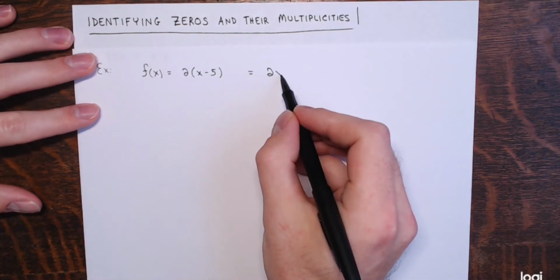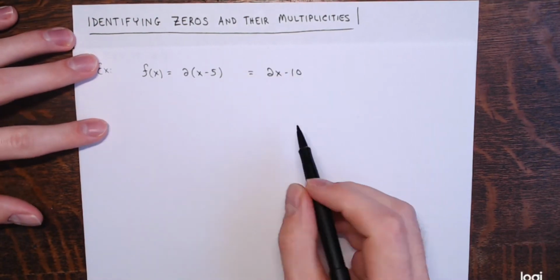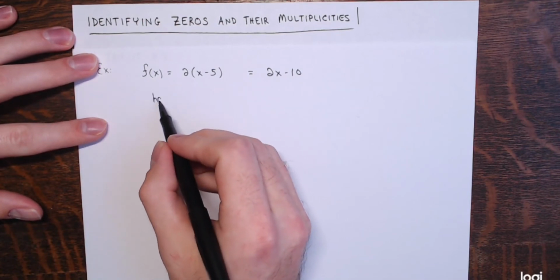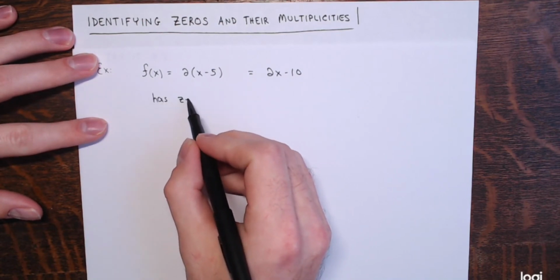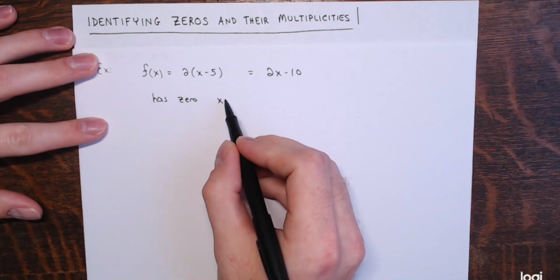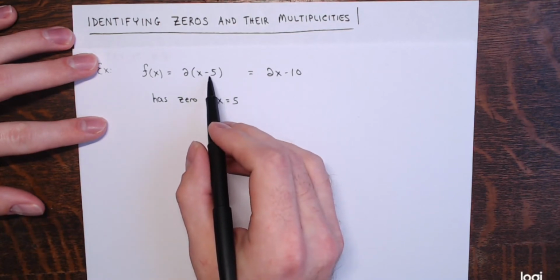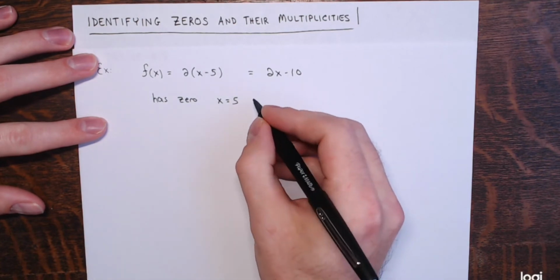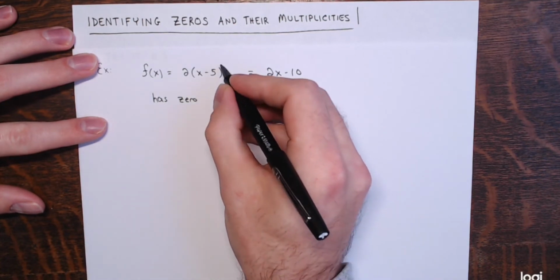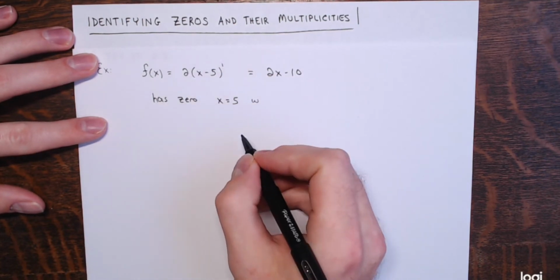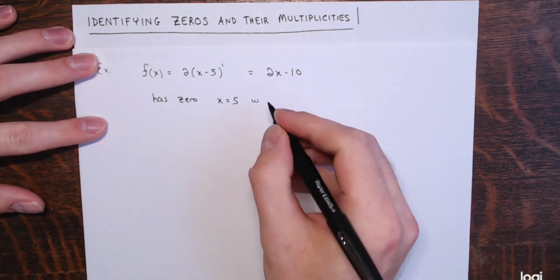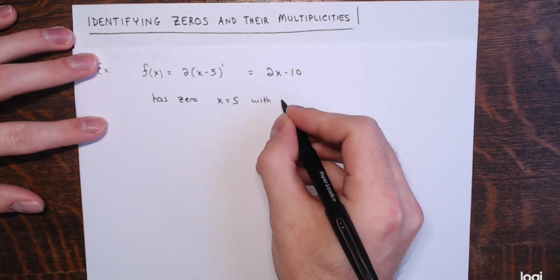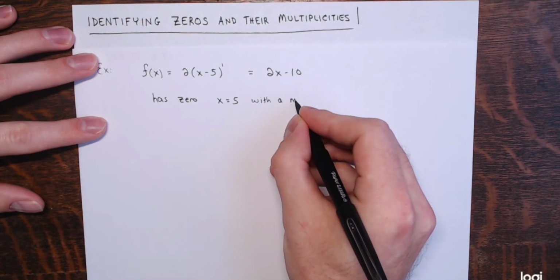This has a zero of x equals 5, since x minus 5 is a factor. Clearly, if you plugged in 5, the output would be 0. And you see the power on that factor is 1. So we would say it has a multiplicity of 1.